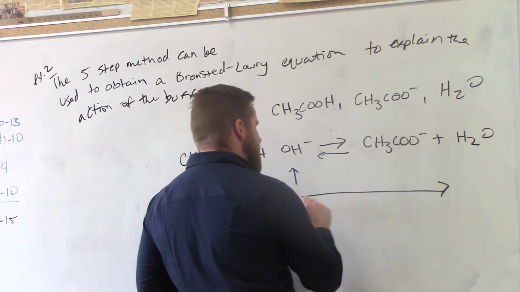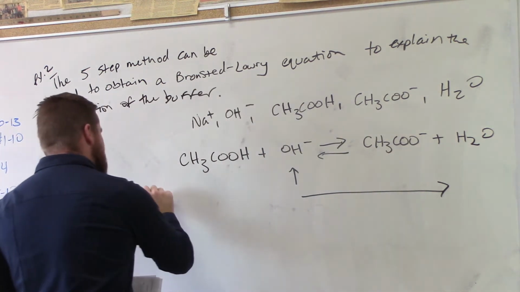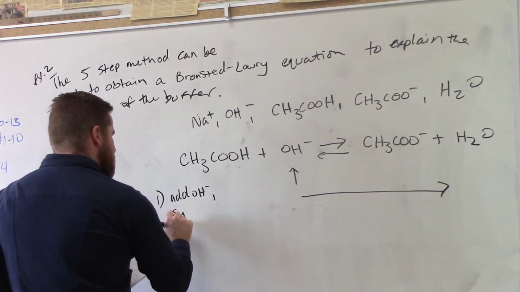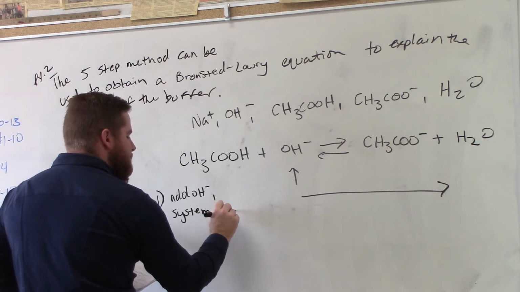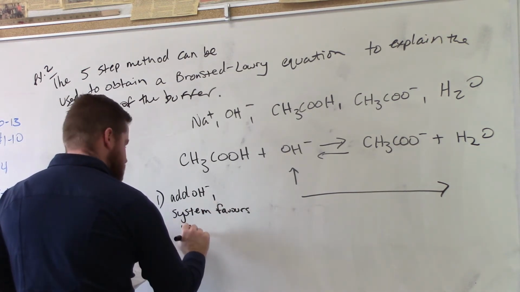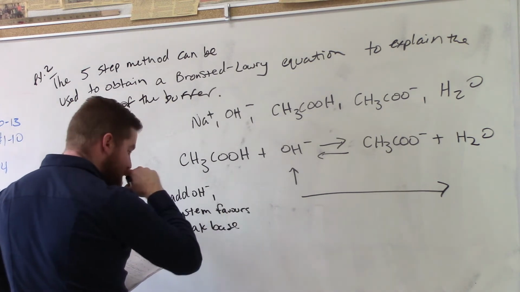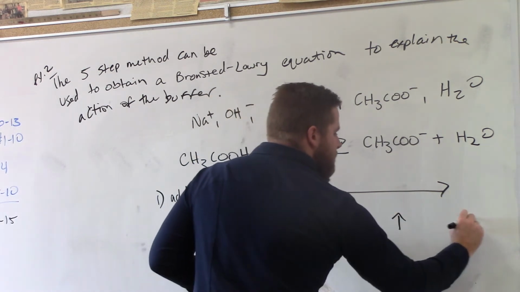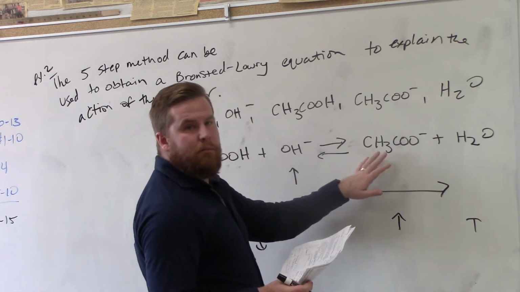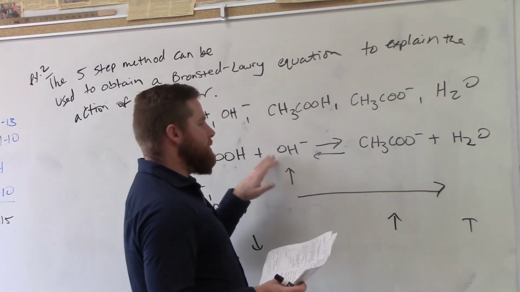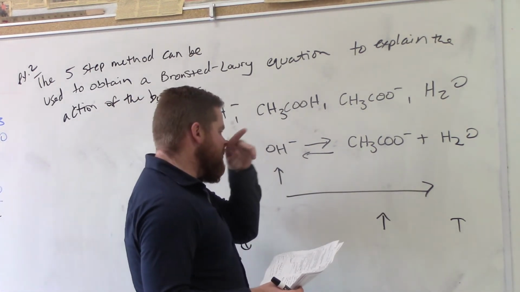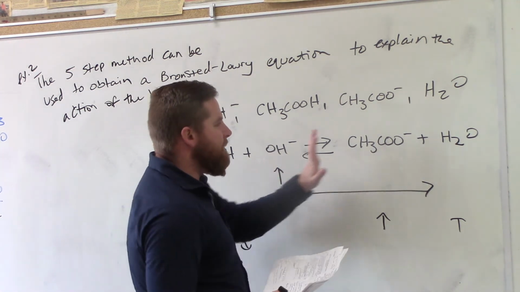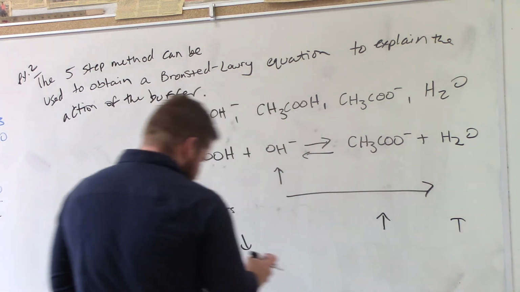And so if we add OH negative, the system favors the weak base. So the CH3COO negative has a much weaker Kb than the hydroxide, right? So as a result, there'll be less base solubility, all right? So if we add hydroxide, we favor the weak conjugate, all right?